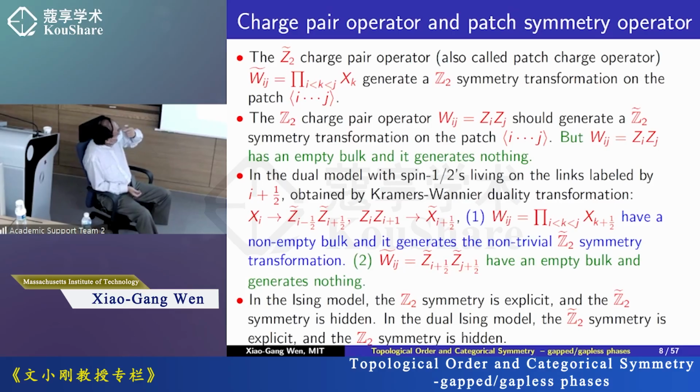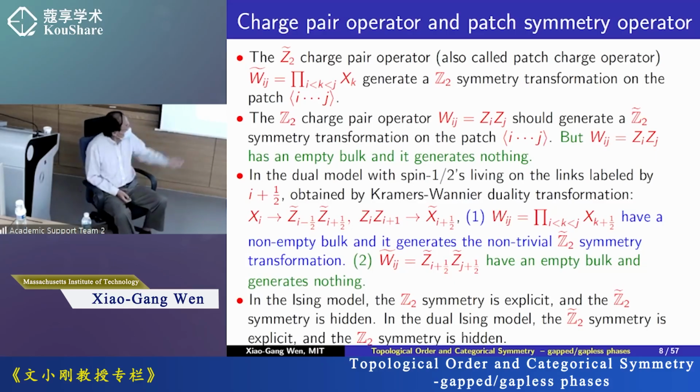When you do the mapping, you'll find the Z2 charge pair operator becomes, with the dual spin, the one with non-empty bulk. So this one indeed is a Z2 dual symmetry in the dual model.